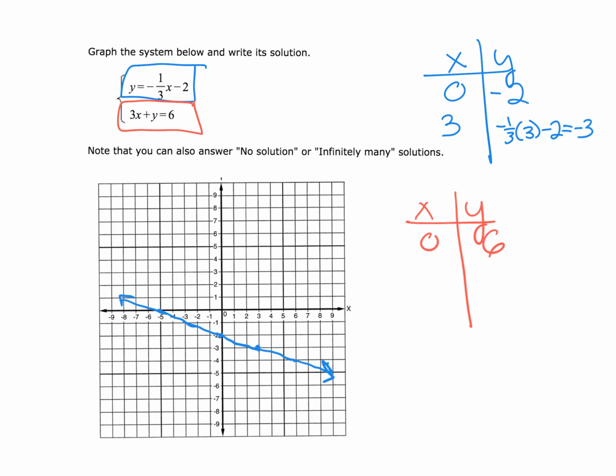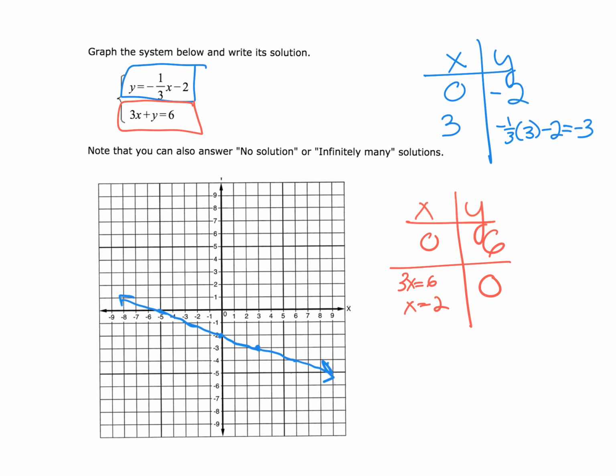You don't have to first do x, then do y. You certainly can, but especially when it's set up like this, sometimes it's easier to pick your y first. It really doesn't matter. I'll pick y first just to show you that you can. So when y equals 0, you get 3x equals 6, so x equals 2.